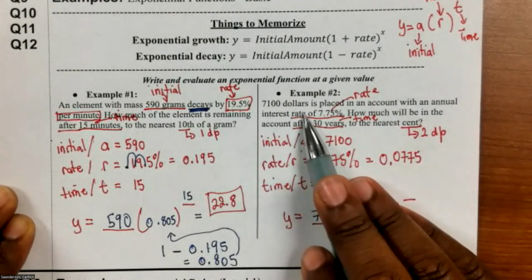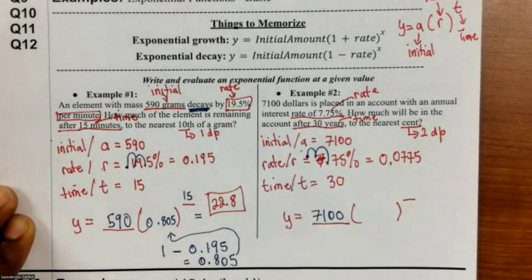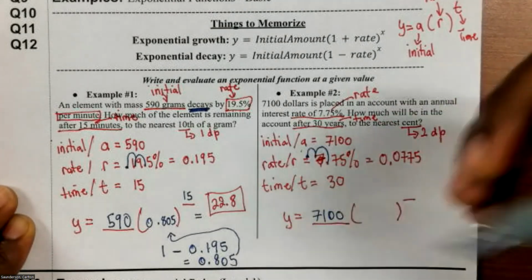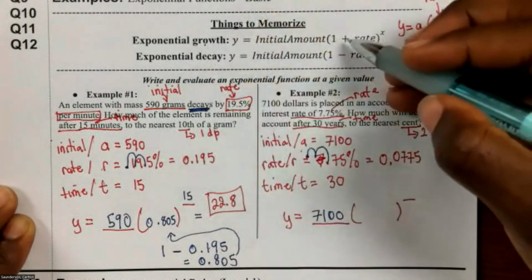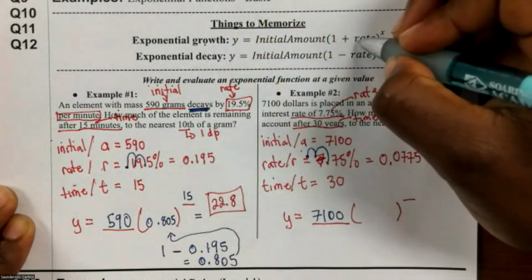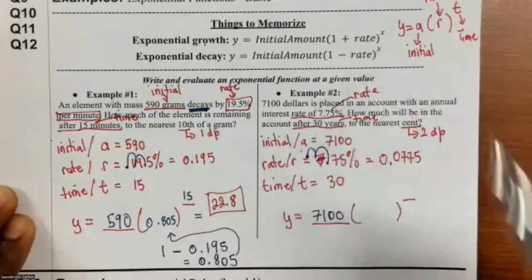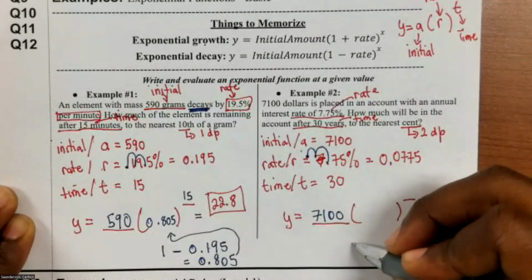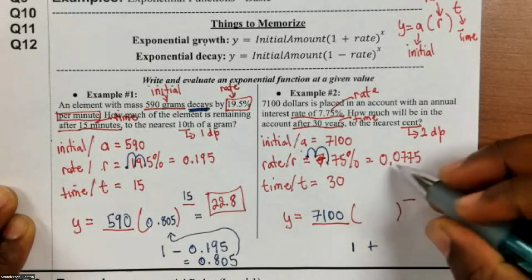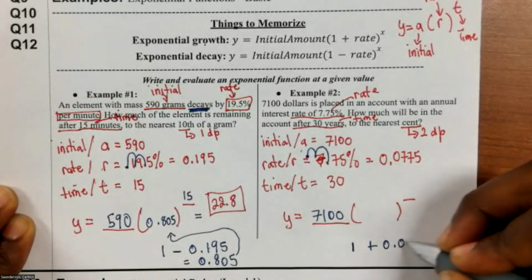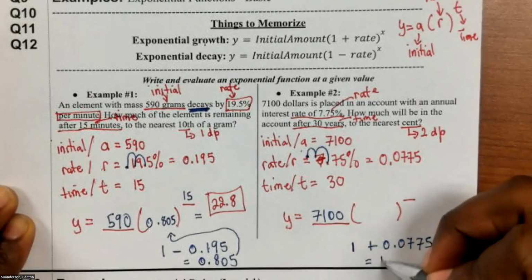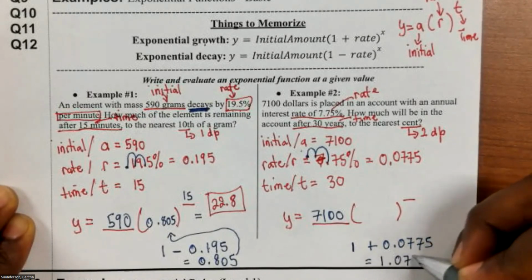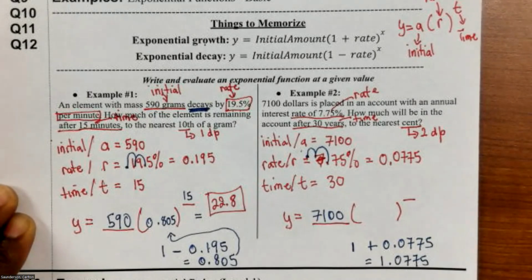Because it's interest, it's money you're gaining, so you're going to grow. Grow means we're adding our rate, not subtracting. So I'm going to do 1 plus this rate of 0.0775, and I would get 1.0775. You can put that in your calculator if you like.